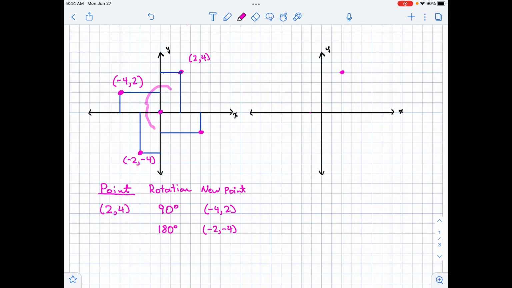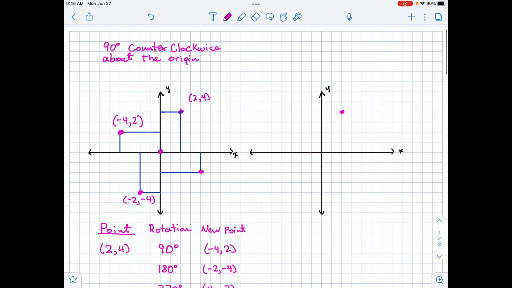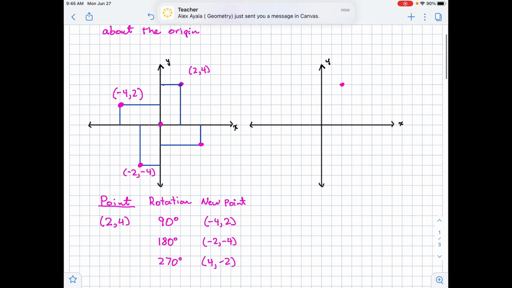That's how it goes. So let's see what the new point is. This is 4 and -2. That's the new point. Now, this is what we call a counterclockwise rotation.